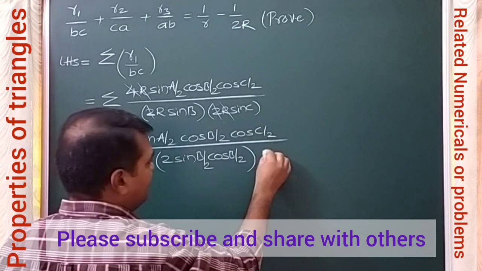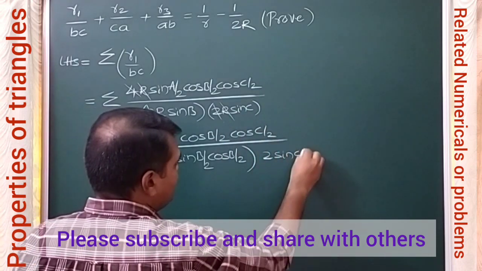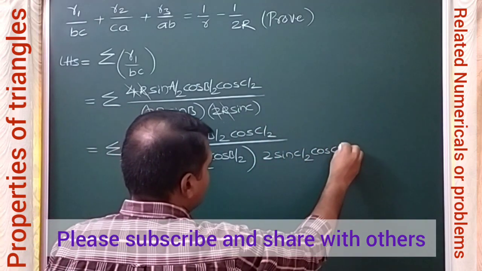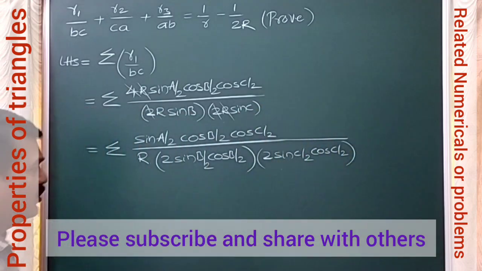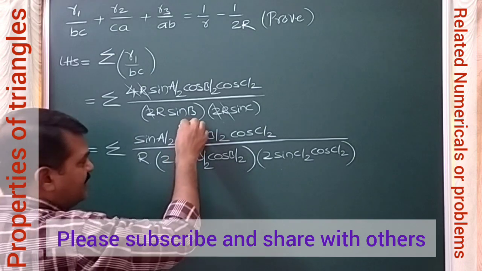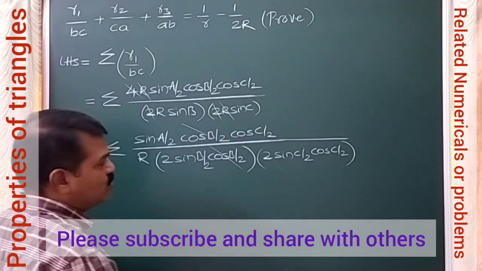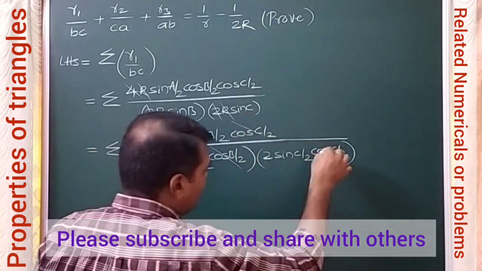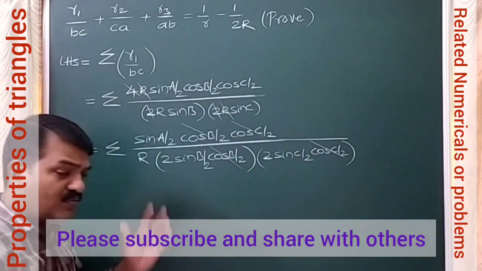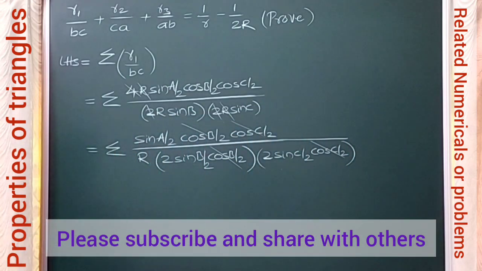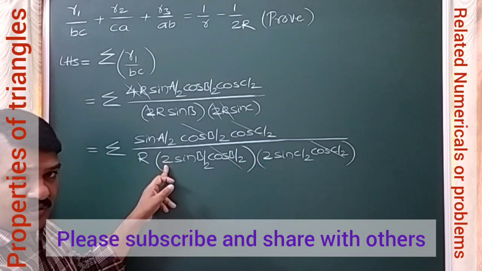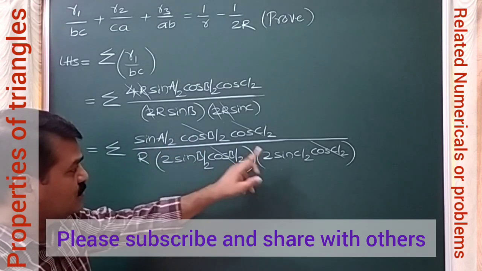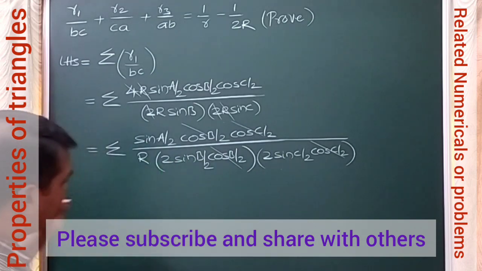Similarly, sin C can be written as 2 sin C by 2 cos C by 2. Now we can cancel cos B by 2 and cos C by 2. What is left now? In the denominator, 2 into 2, 4 capital R.